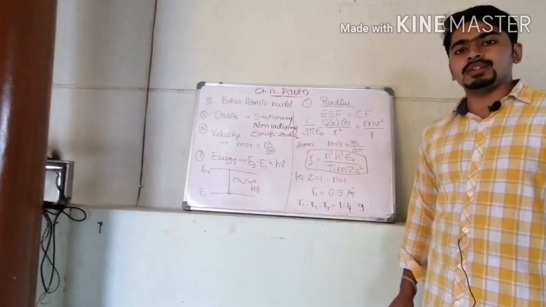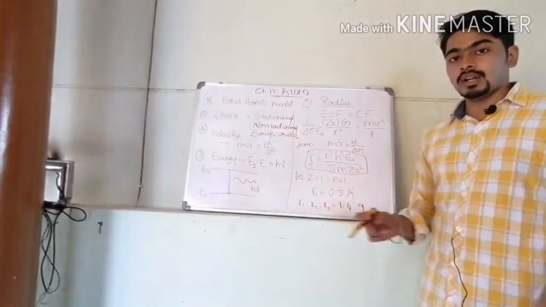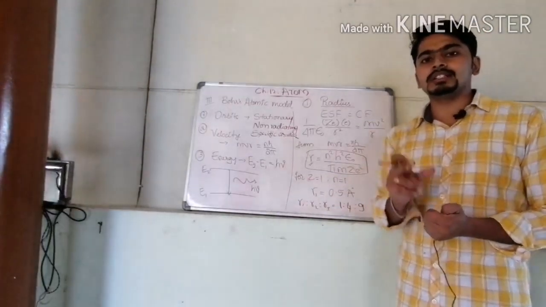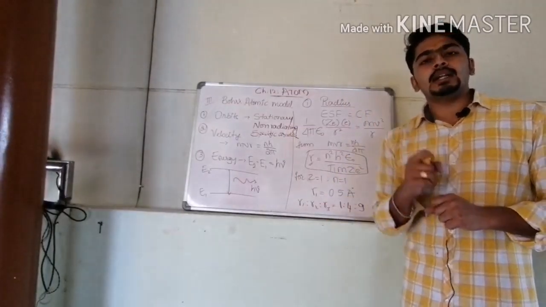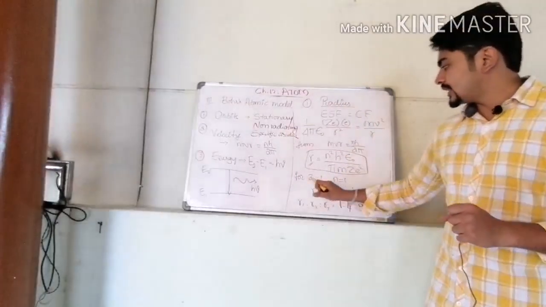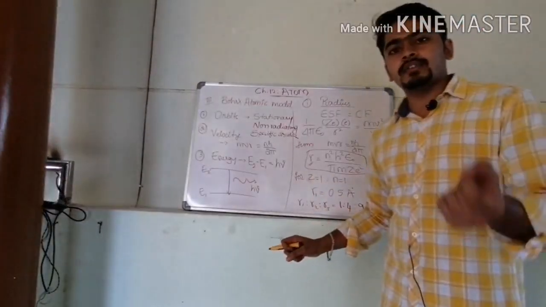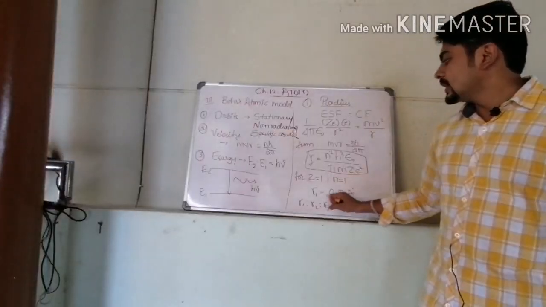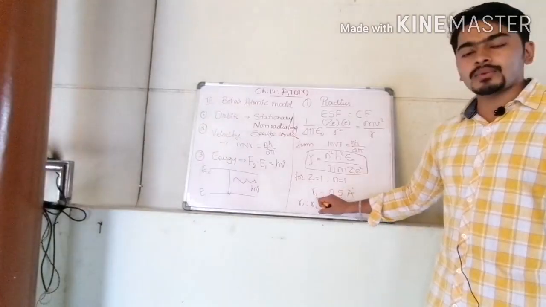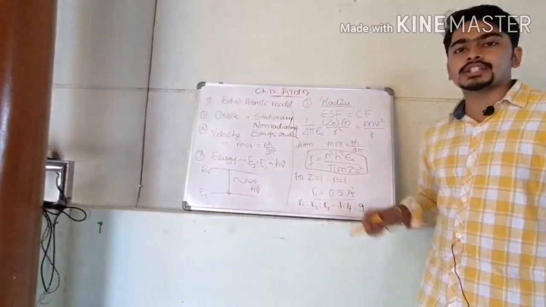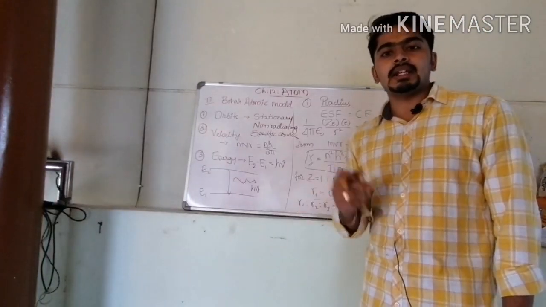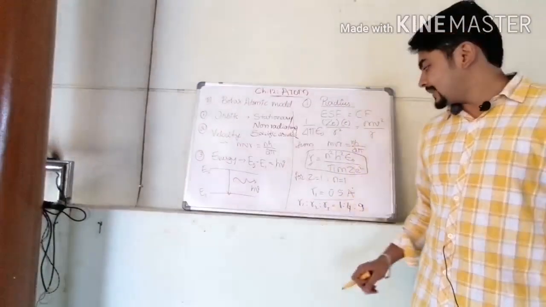On substituting those values, if I consider the hydrogen atom, since Bohr's atomic model is mainly explained for hydrogen and hydrogen-like atoms, the atomic number should be 1. So Z is equal to 1, and if I calculate for the first orbit, n is equal to 1, we will get the radius of the first orbit as 0.5 angstrom units. Angstrom means 10 raised to minus 10 meters.